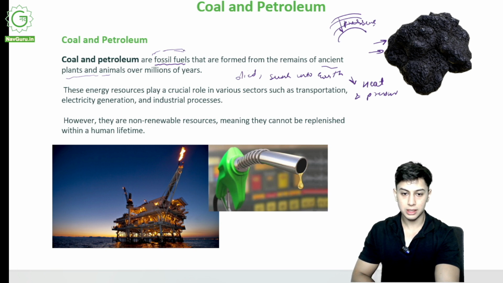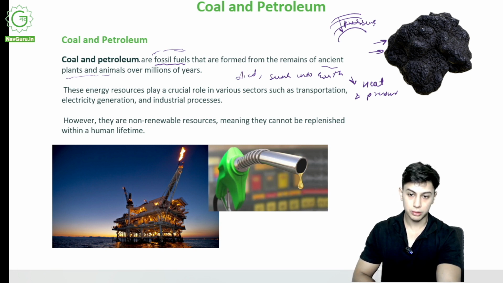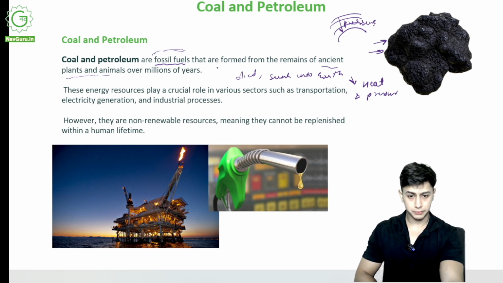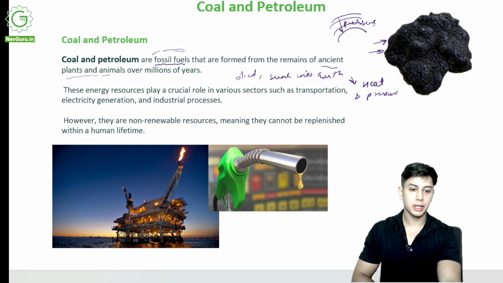It is kind of a fossil, but it became a fuel. So coal and petroleum are both fossil fuels that are formed from the remains of ancient plants and animals over millions of years. Over millions of years, these plants and animals decayed under high pressure to form coal and petroleum.